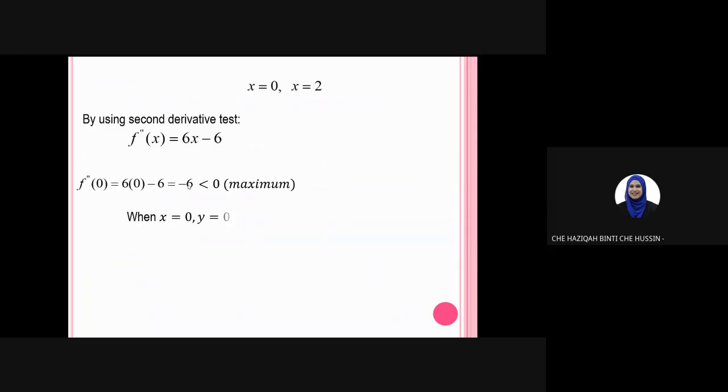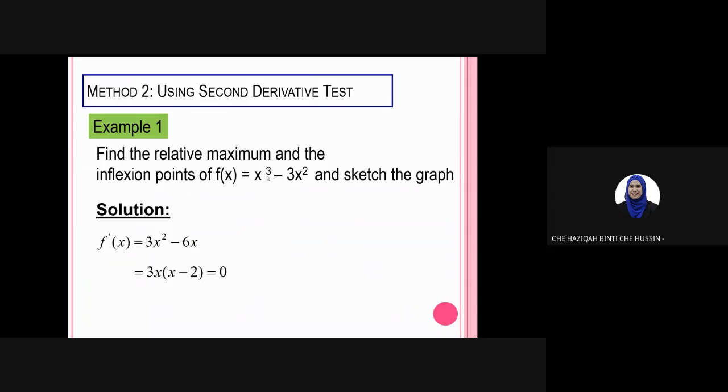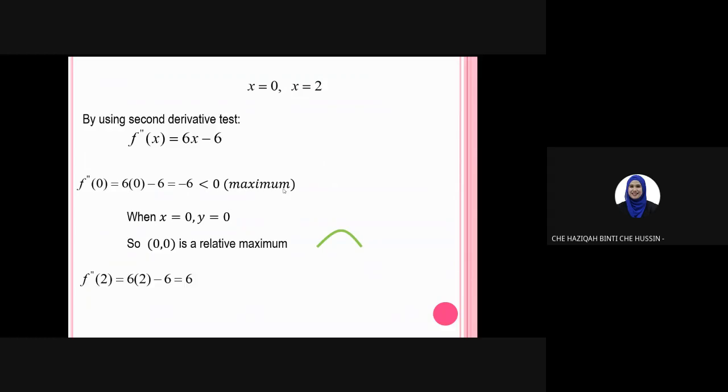Negative 6 is less than 0, so it is a relative maximum. When x equals 0, y equals 0. How do we get y equals 0? You substitute into x cubed minus 3x squared, so 0 cubed minus 3 times 0 squared gives y equals 0. So (0, 0) is a relative maximum.